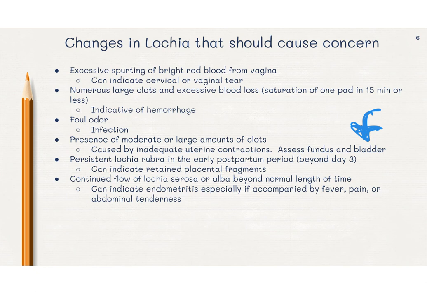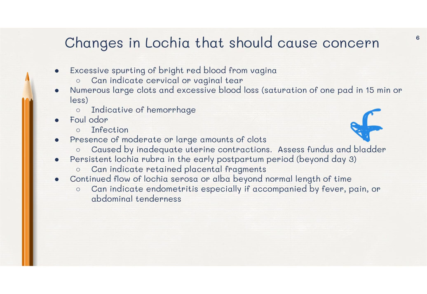When somebody is assessing the fundus, the pushing on the fundus is going to make blood come out vaginally. But as soon as we stop pushing on the fundus, the blood should not be continually running out. Blood that continually runs out of any part of our body is indicative of a hemorrhage, right?